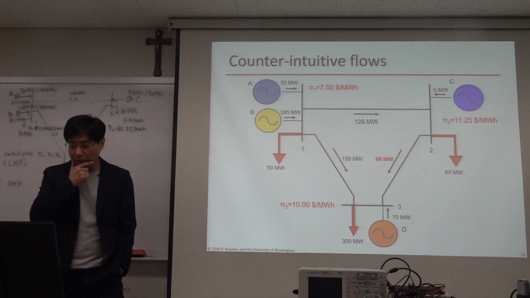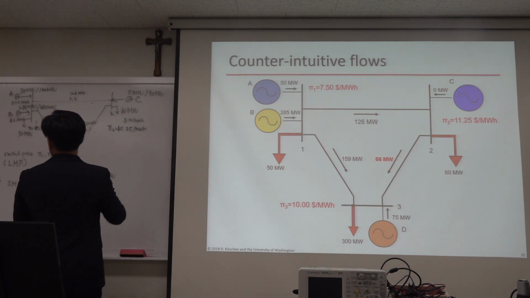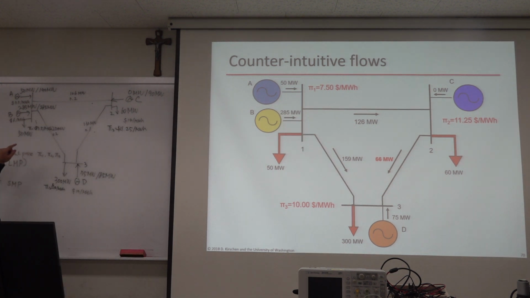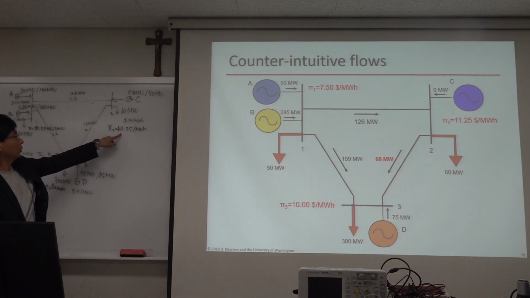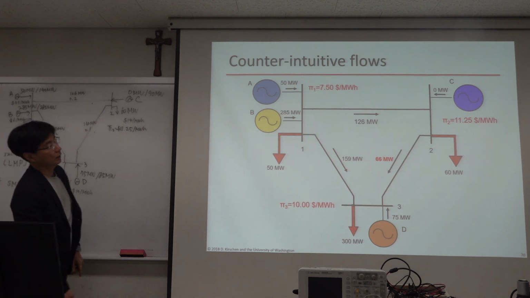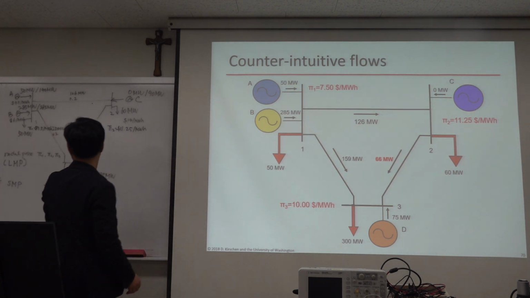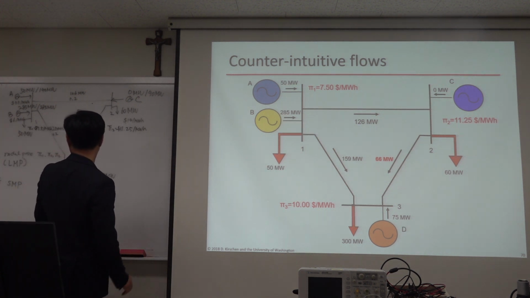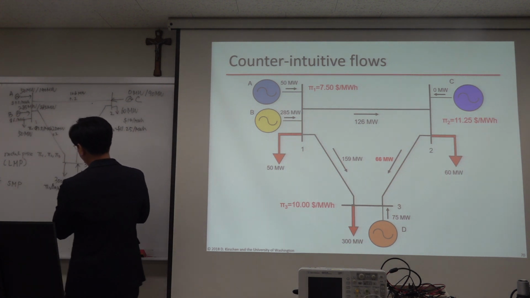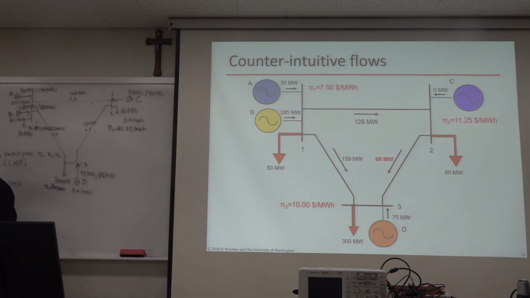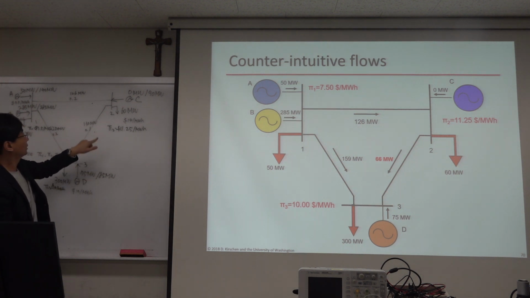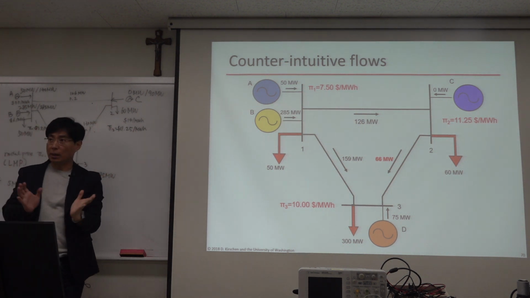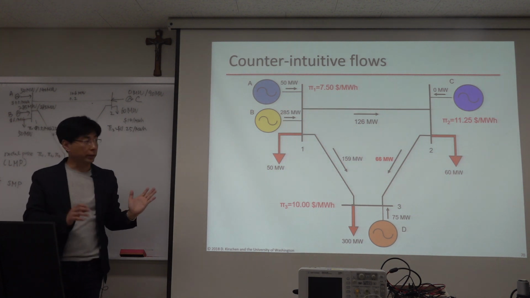The first one is, okay, we already computed the LMP here, 7.5, 11.25, 10, right? So given the generation, you can determine the power flow on each line.